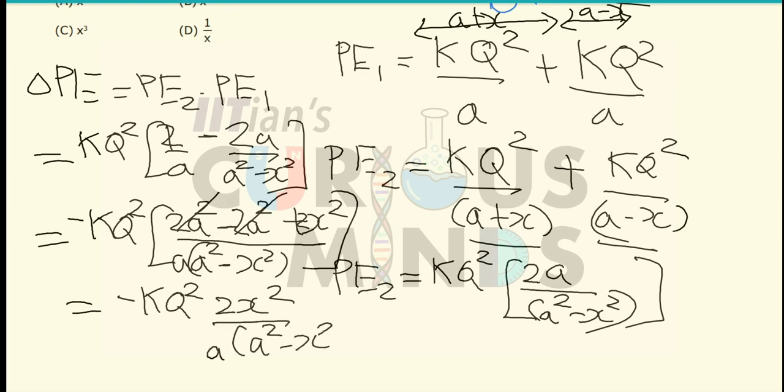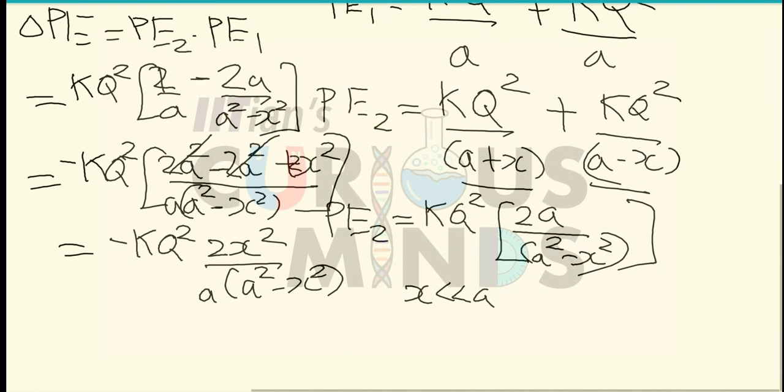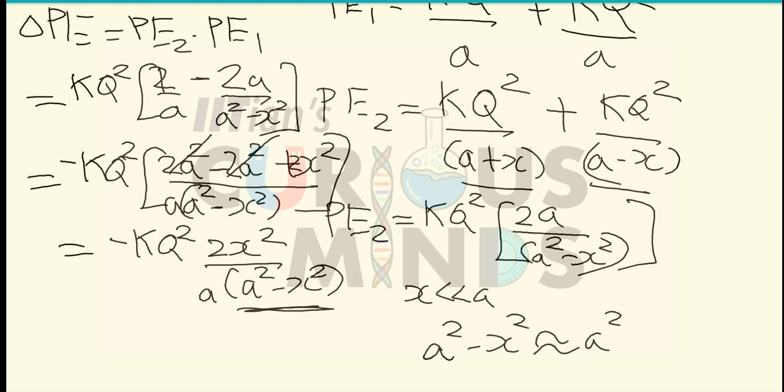Now, since x is very small as compared to a, we will approximate a squared minus x squared as approximately equal to a squared.